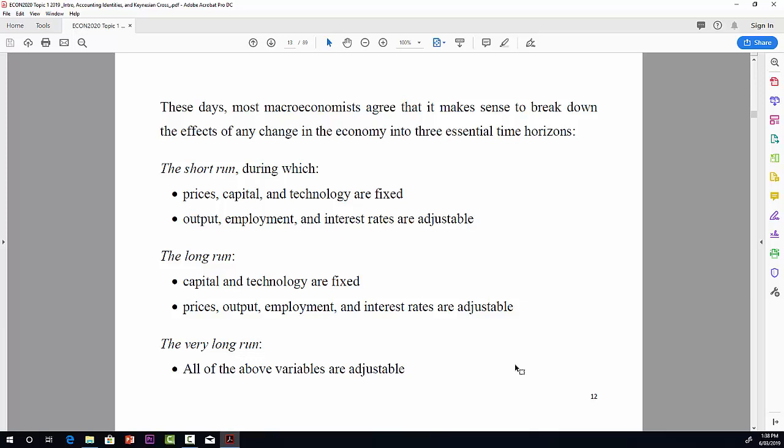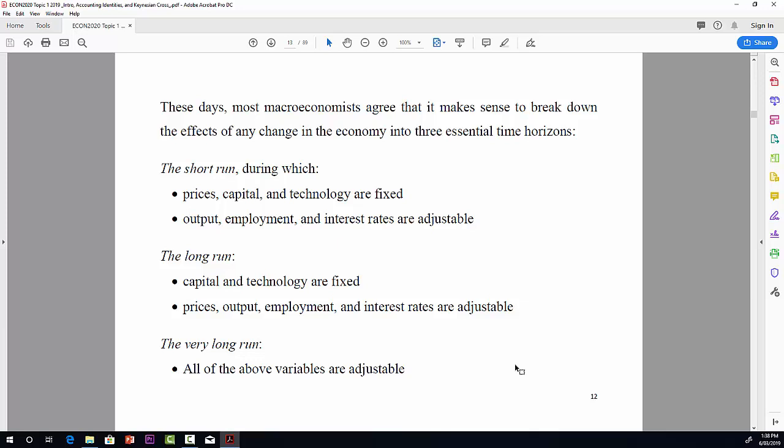First of all, prices. Secondly, capital, the amount of capital in the economy. And third, the level of technology in the economy. So those are held fixed. But what's allowed to change endogenously are output, employment, and interest rates, those three key variables.